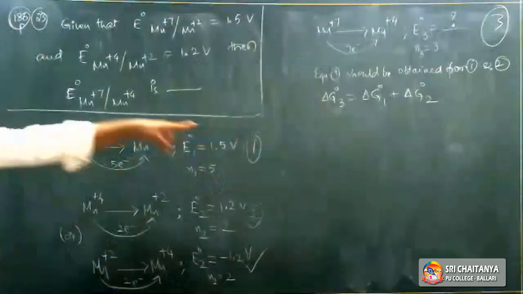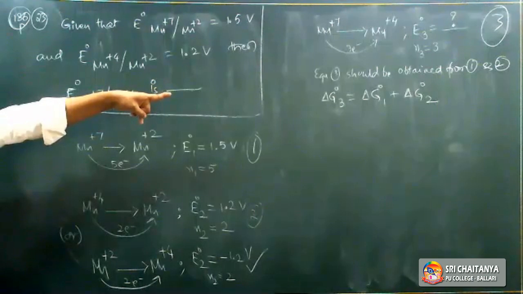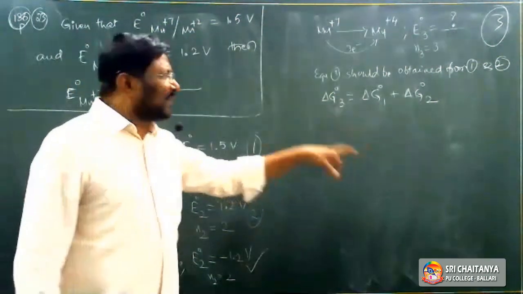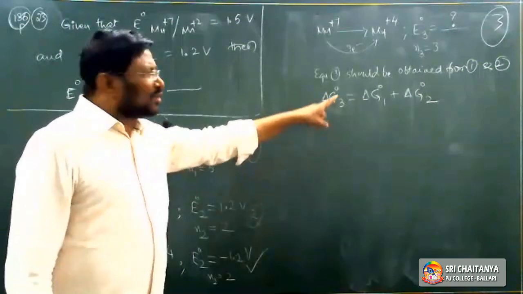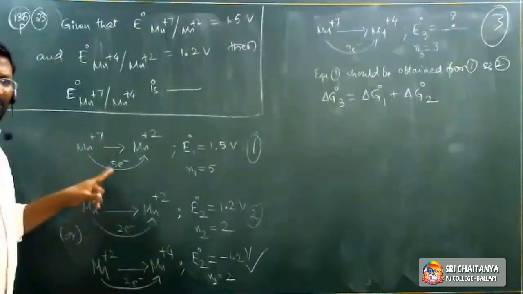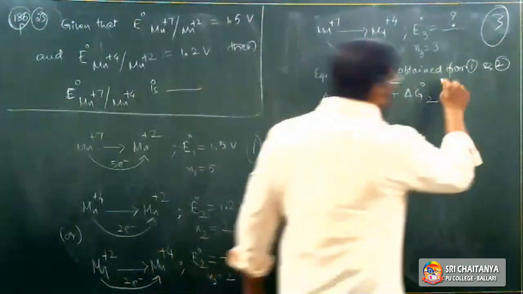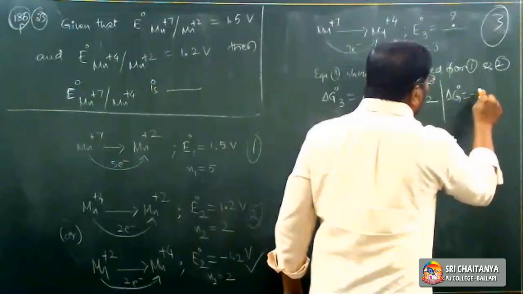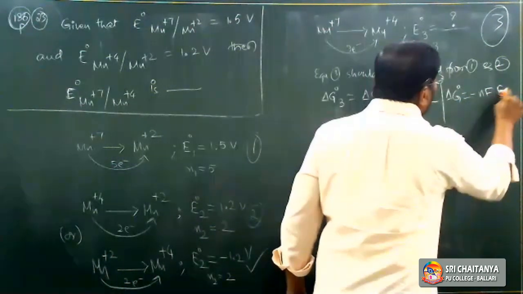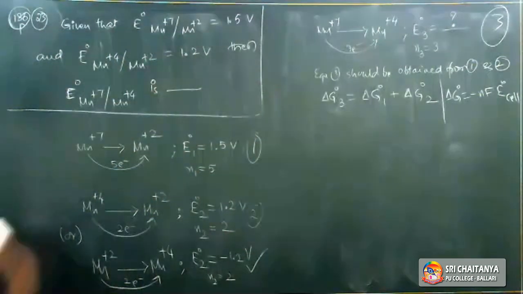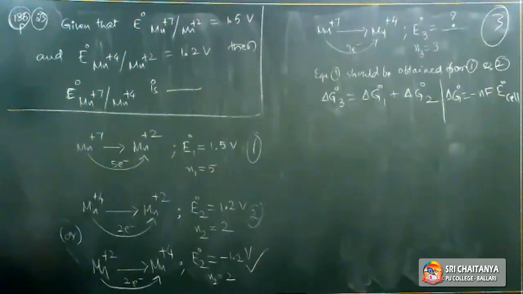Remember, G means Gibbs free energy, from the first year thermodynamics chapter. So it is equal to the sum of these two equations. And delta G0 is equal to minus nF E0 cell.